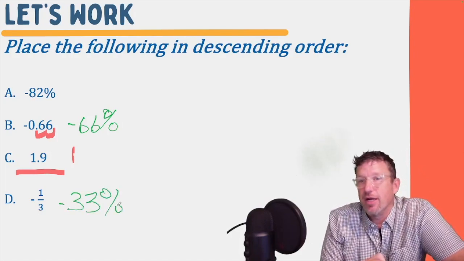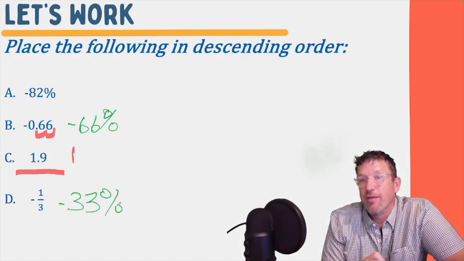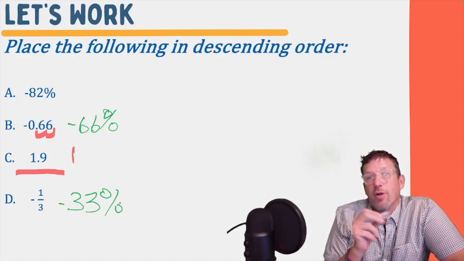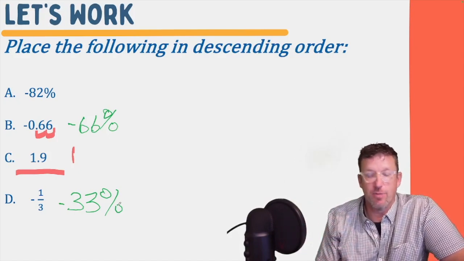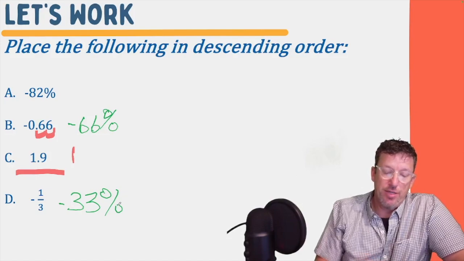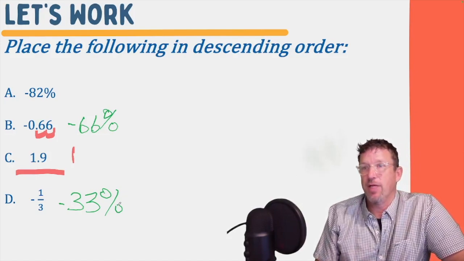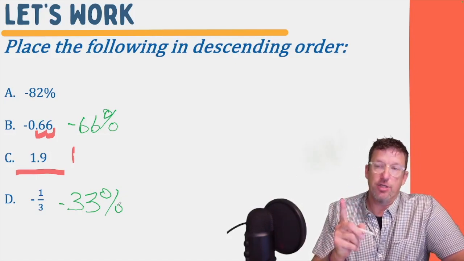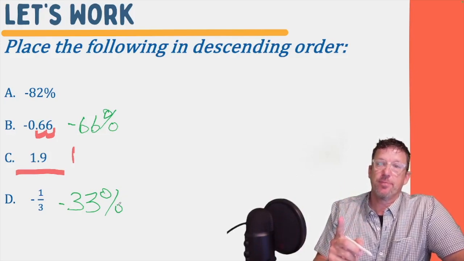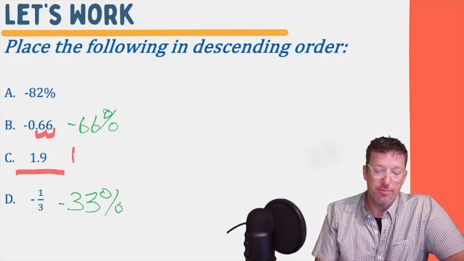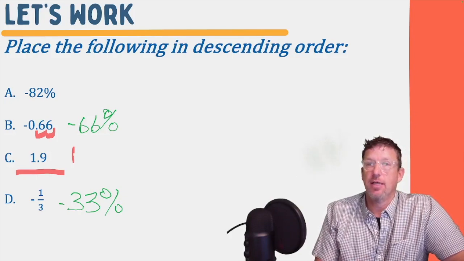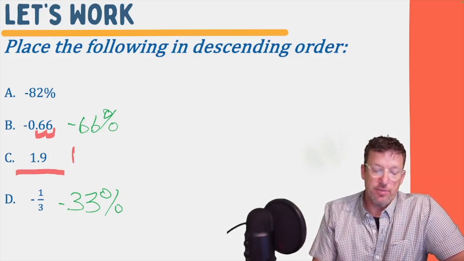You could have still done that on a calculator, 1 divided by 3, and you would have got 0.333333, and then you would have moved the decimal and you would have got this answer as well. All right, so now we've got the other answers that we need, and we're going in descending order. So remember, we're getting smaller. What's the next smallest number in this list? Okay, yep, it's this one.